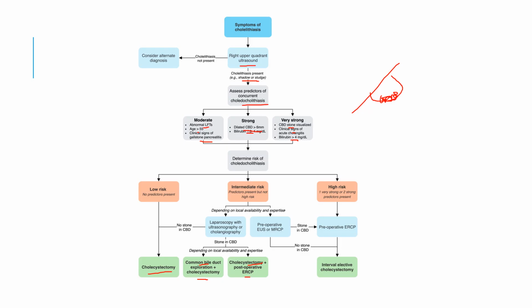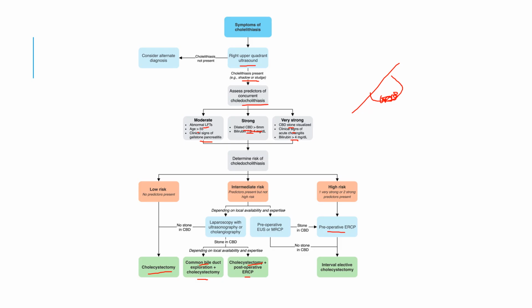Okay, now with the endoscopic ultrasound and MRCP, if there is a stone, you do a pre-operative ERCP to take out that stone. Why are you taking out the stone? Doing so much so that you identify whether there is a stone in the common bile duct or not, because the management changes.